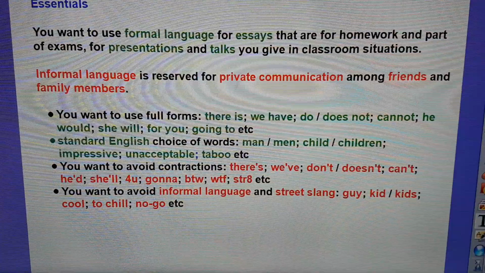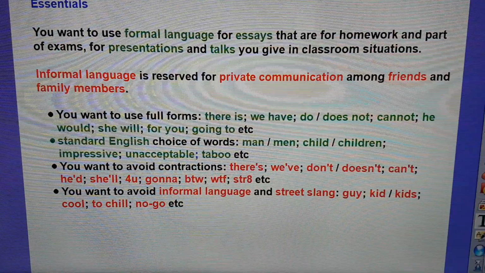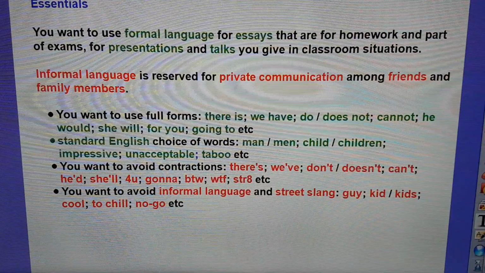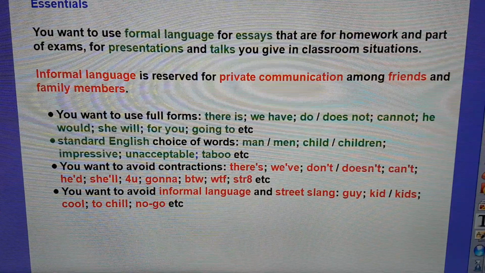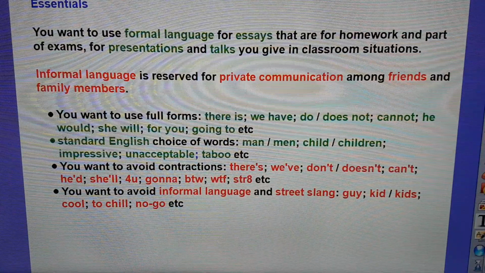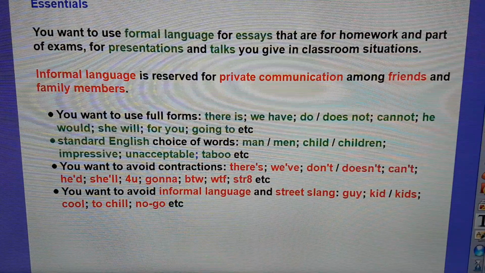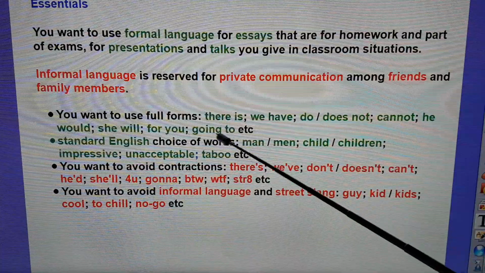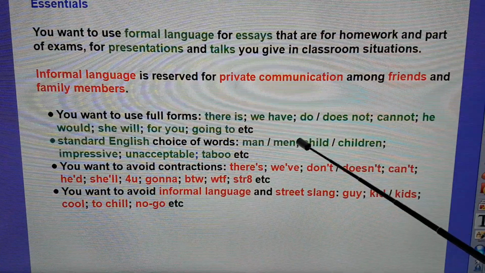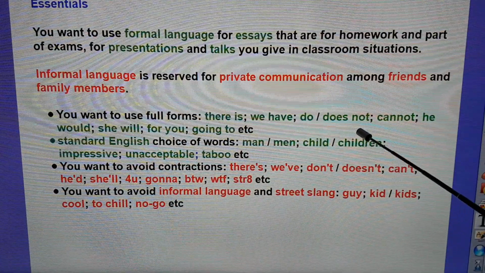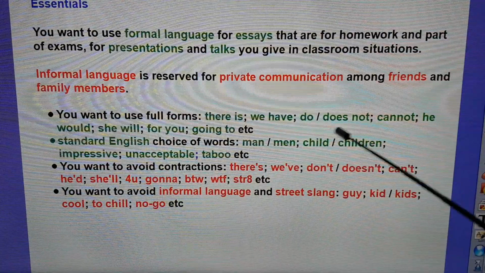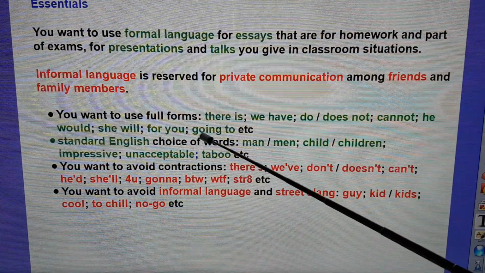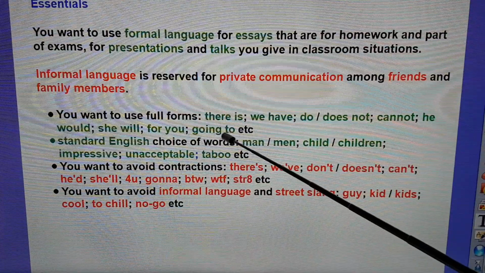Maybe email that you exchange when contacting family members and friends, okay? So the full forms are what you want to use in essays for homework and exams, such as there is, we have, do or does not, cannot, he would, she will, for you, going to.